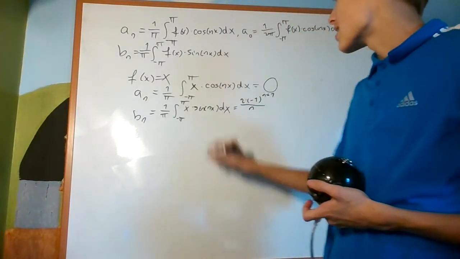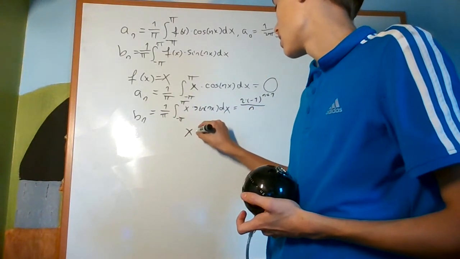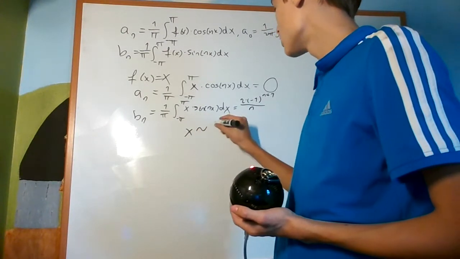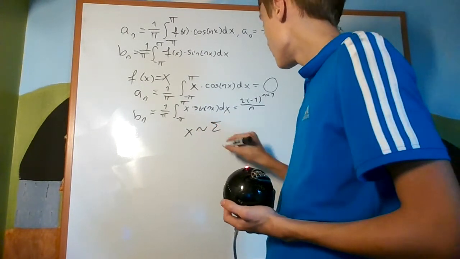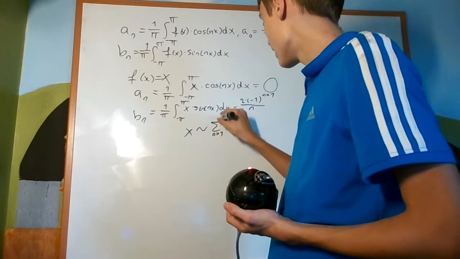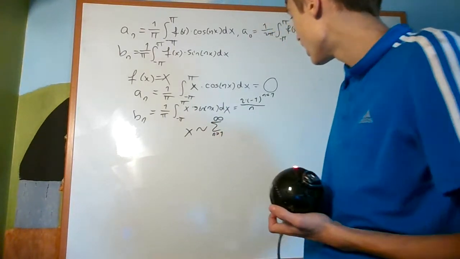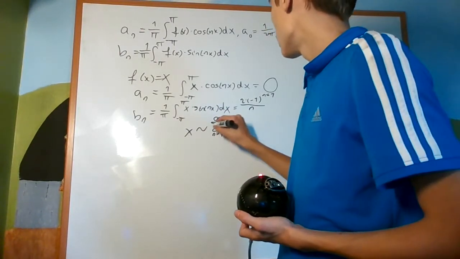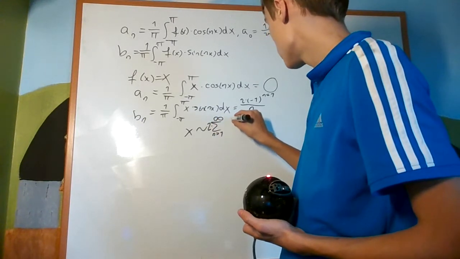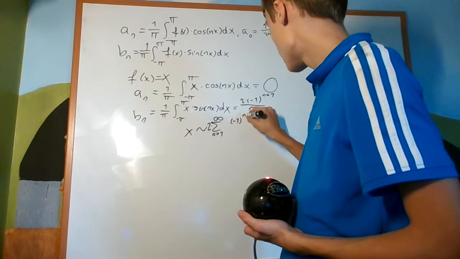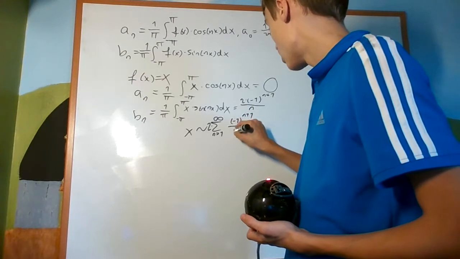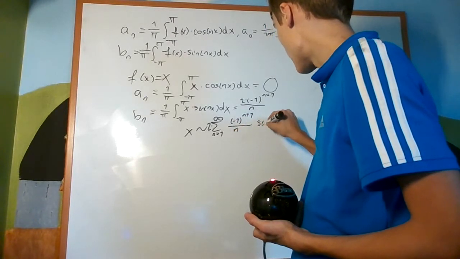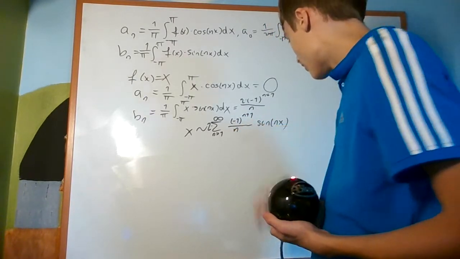And so I get that x roughly equals the sum from n equals 1 until infinity of 2 times negative 1 to the n plus 1 over n times sine of nx.